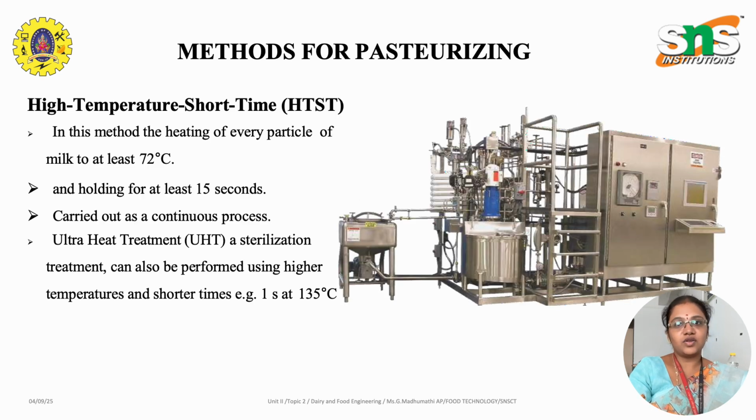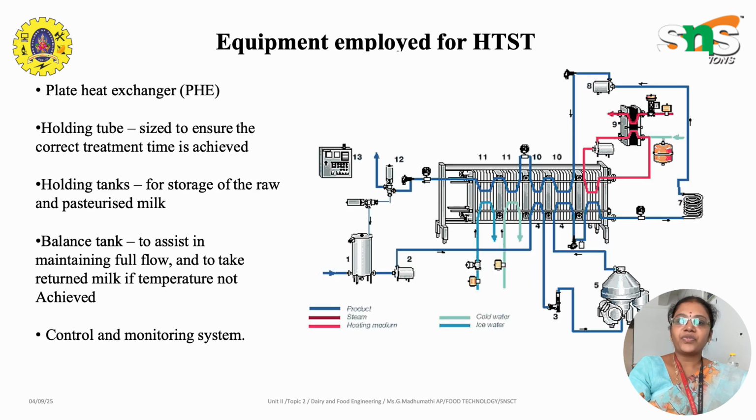The other method of pasteurizing is the high temperature short time method, where we expose the milk for 15 seconds to about 72 degrees Celsius. The HTST method involves a plate heat exchanger.